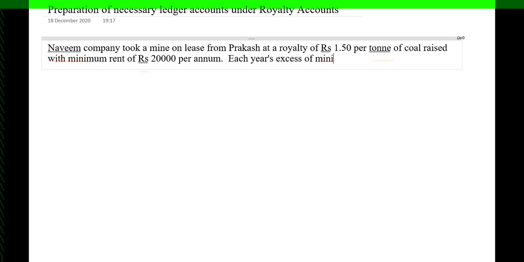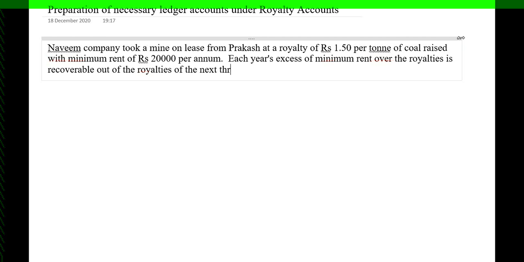Each year's excess of minimum rent over the royalties is recoverable out of the royalties of the next 3 years.